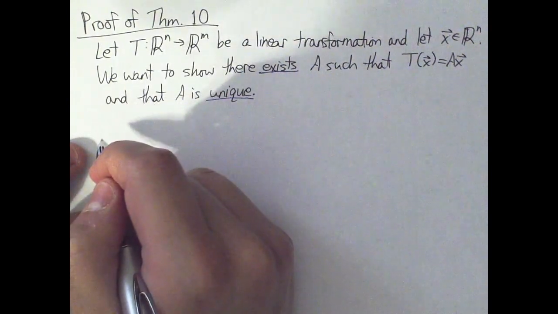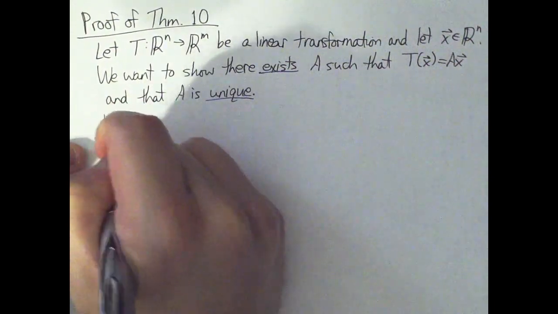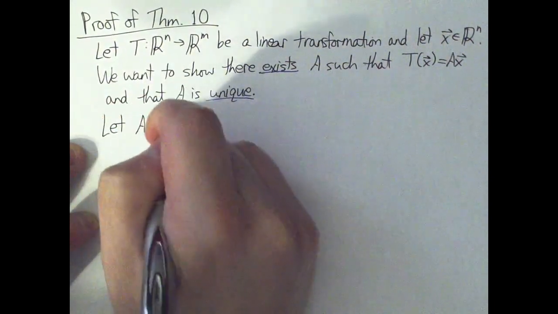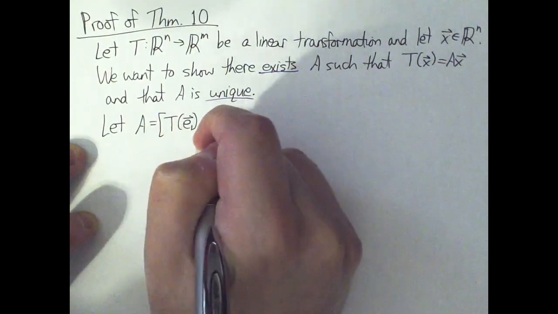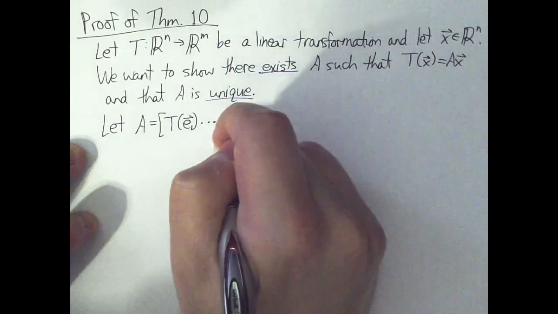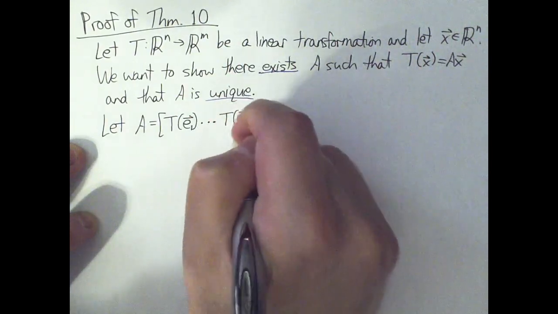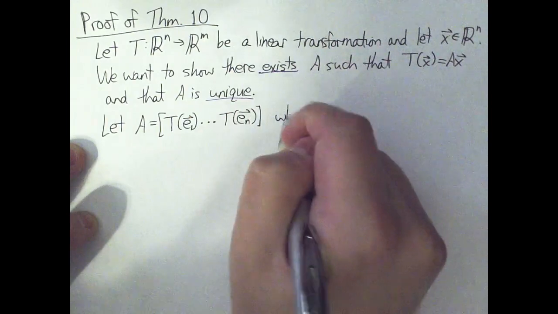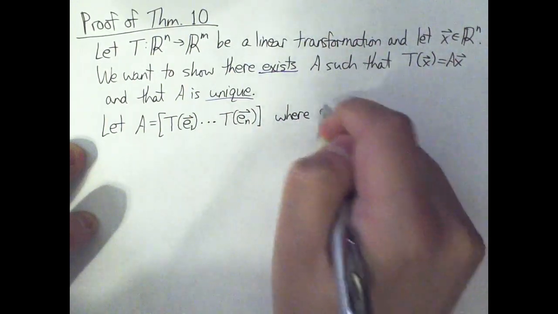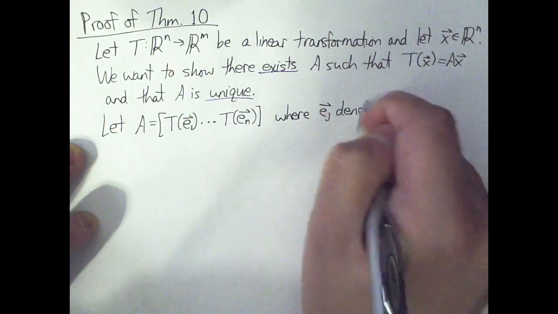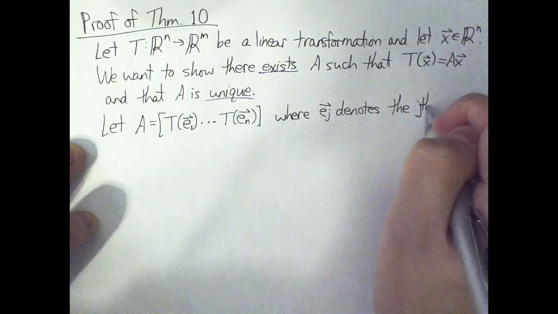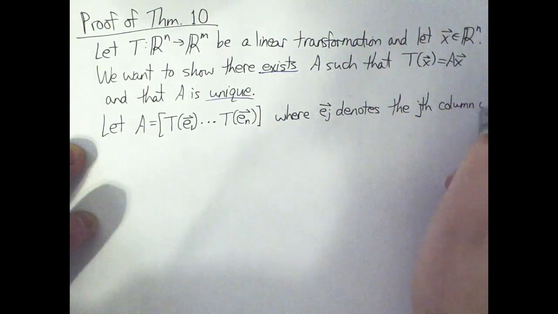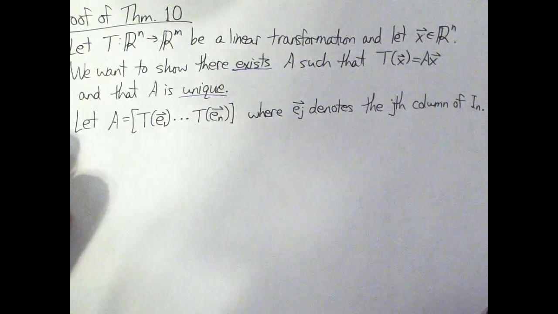Anyway, here's what we're going to do. We're going to let A be this matrix where Ej denotes the jth column of I. I'll say In just to be clear.